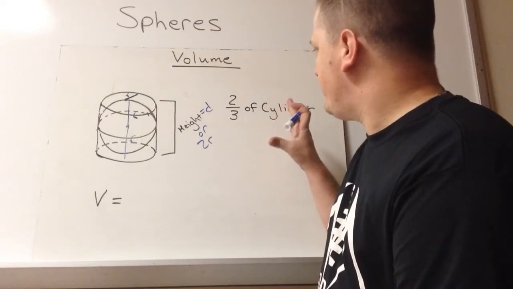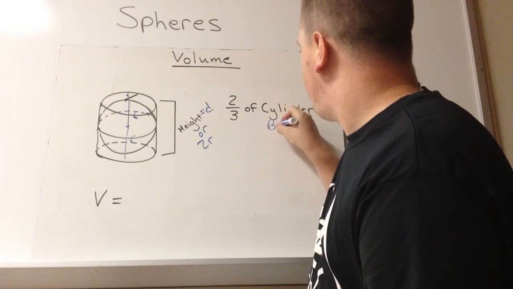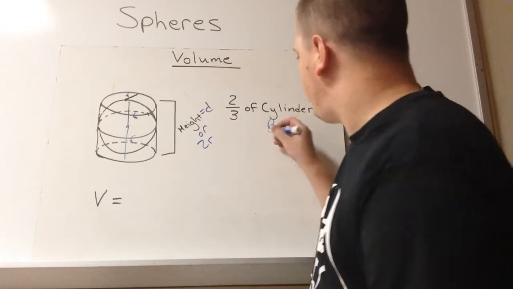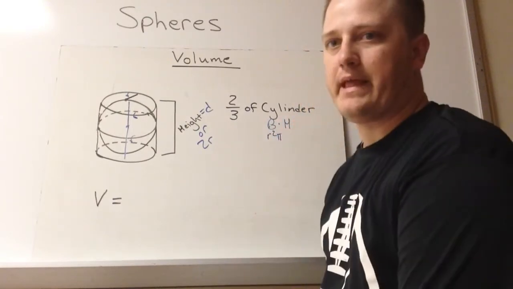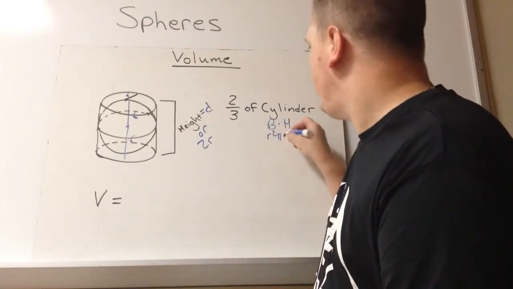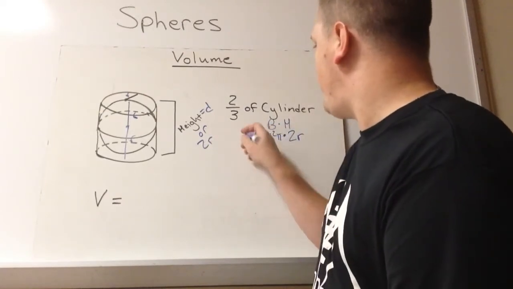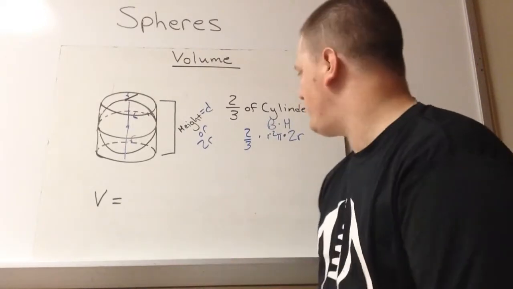Well, the formula for a cylinder is base times height, and the area of the base is r squared pi, and the height is 2r, and then we're going to multiply that by 2/3 in front of it. So now we just have to rearrange things.